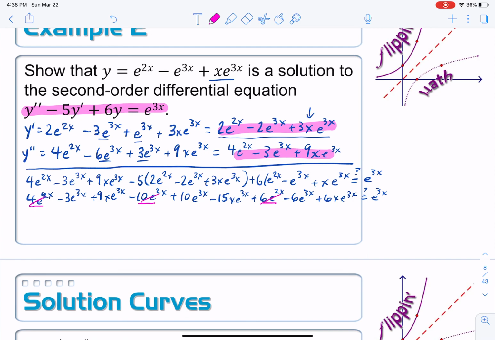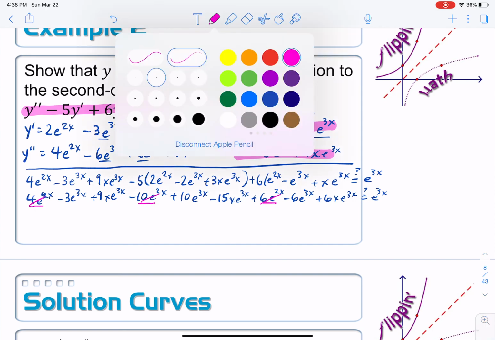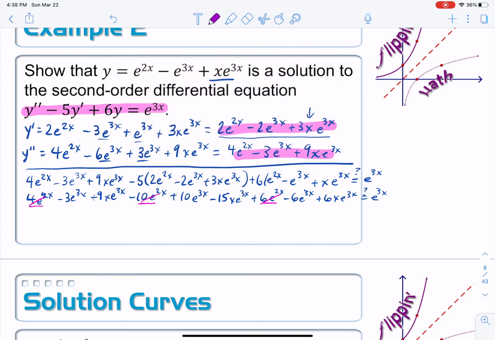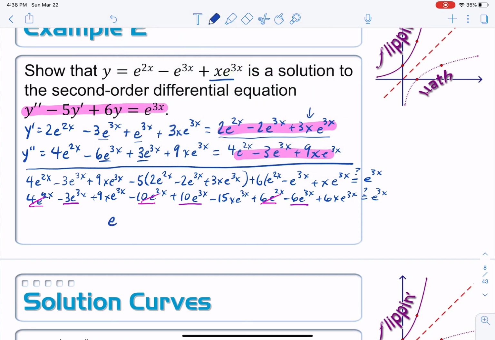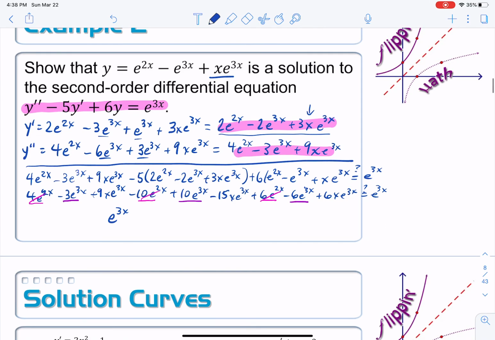All right, let's look at the e^(3x)'s. I've got negative 3 of them, positive 10 of them, and a negative 6 of them. So the negative 6 and the negative 3 makes negative 9 of them, plus positive 10 gives me 1 e^(3x), just one of them. So far, so good. So apparently everything else is supposed to cancel out.